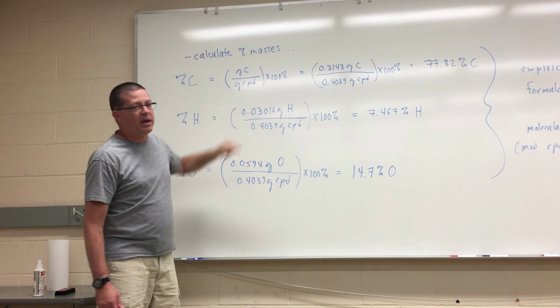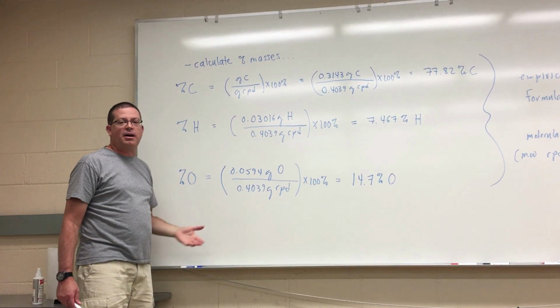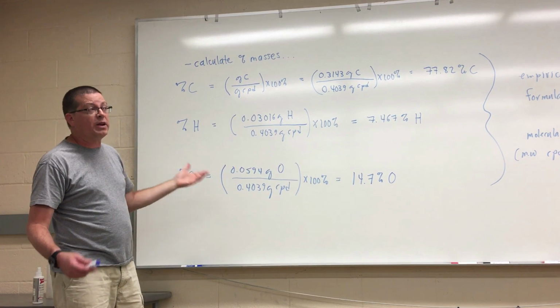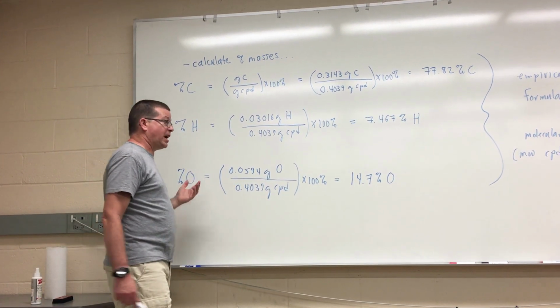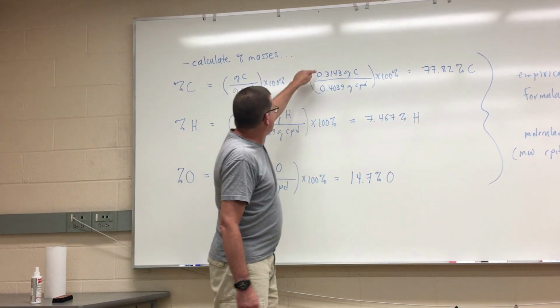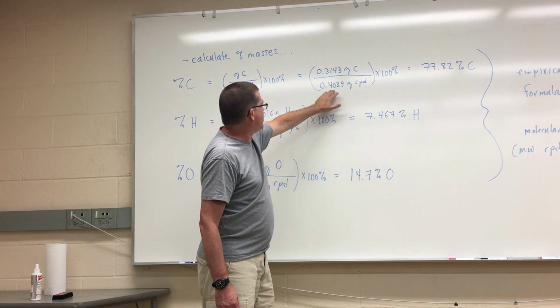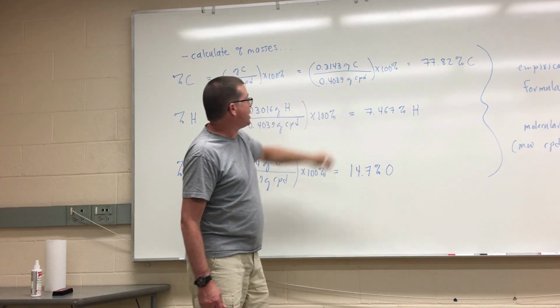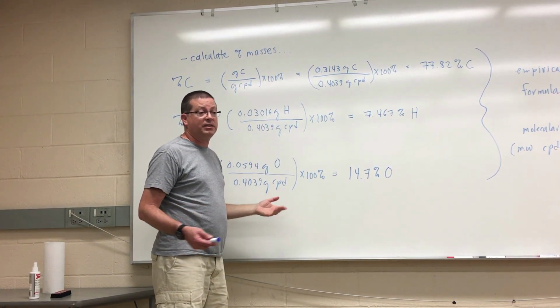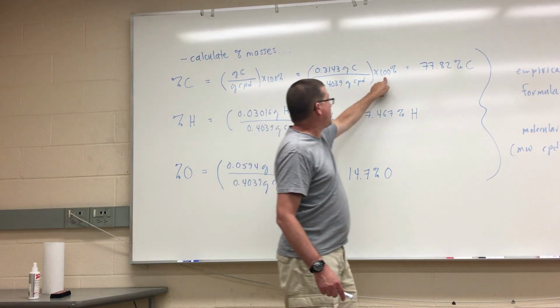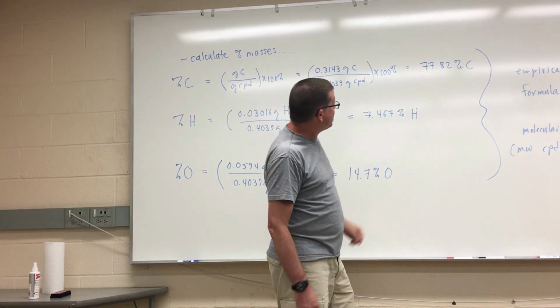Now remember, the total mass of the compound is the mass of the compound that we burned. So we have that. All right, so using our numbers, what we get is 0.3143 grams of carbon divided by 0.4039 grams of the compound. That's the mass that was burned. We're going to multiply it by 100% to turn it into a percent.